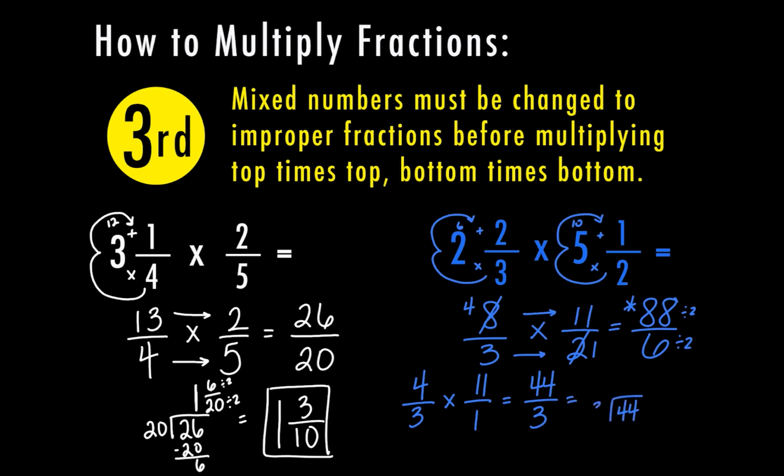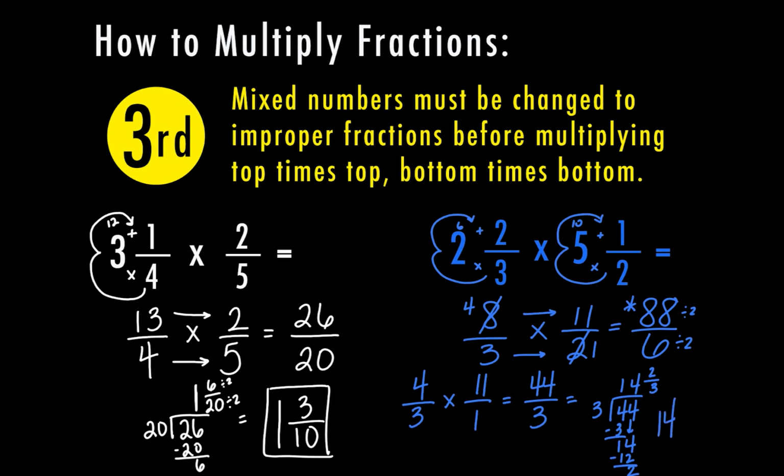So top goes in the box, 3 goes into 4 one time, and I have 14 left over. 3 goes into 14 4 times, which equals 12. Now, 14 is my whole number, 2 is my numerator, that's my remainder, and my denominator stays 3.